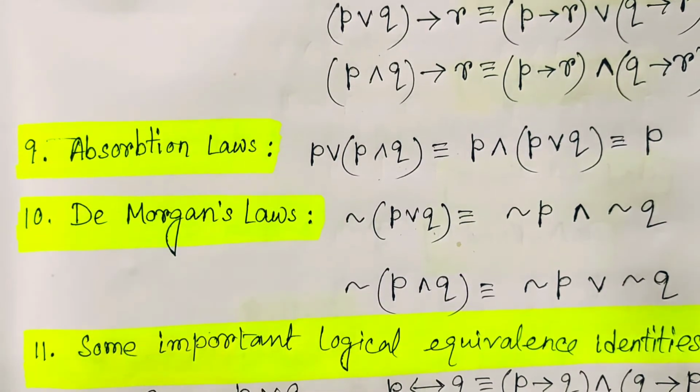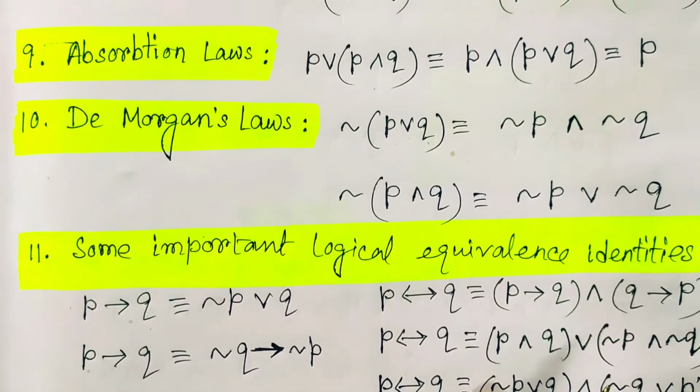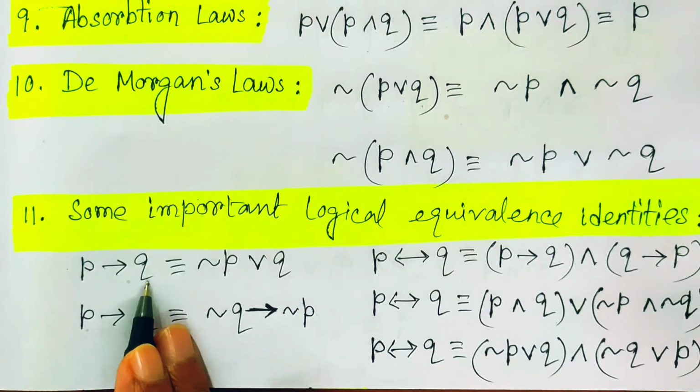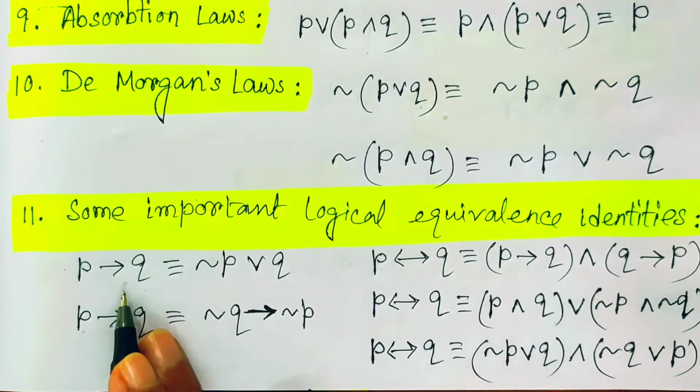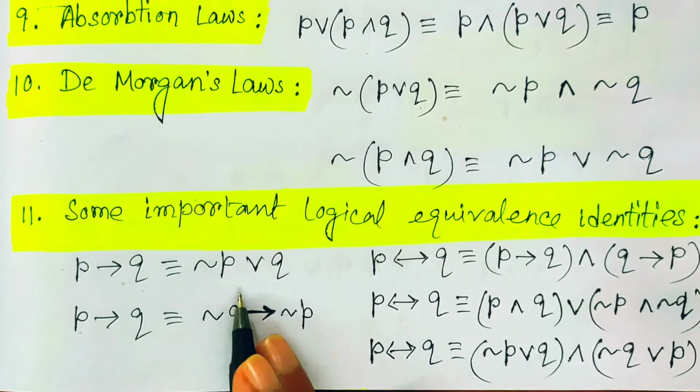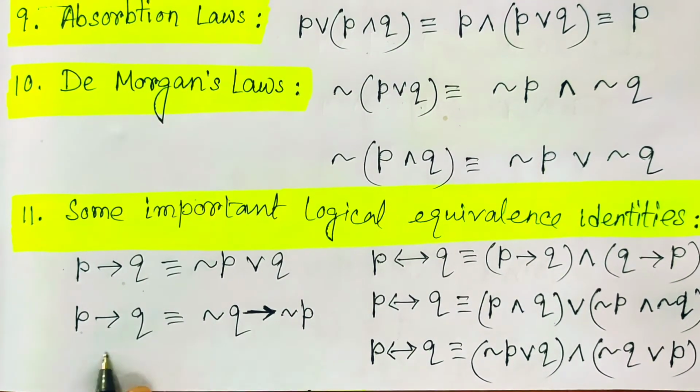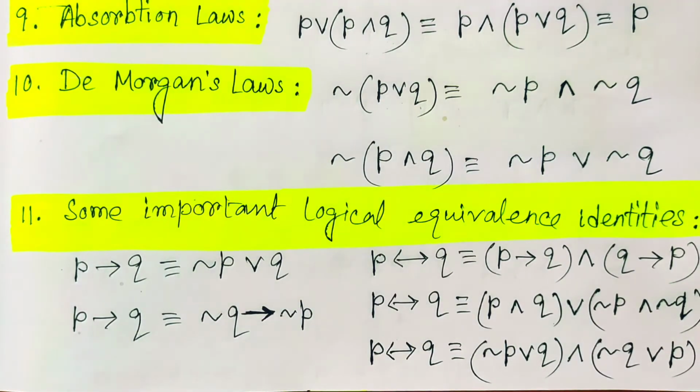Now some important logical equivalence identities we need to know, for the conditional and the biconditional compositions. P implies Q, this is the conditional, and it is equivalent to not P or Q, and the contrapositive is also equivalent, as we came to know in our previous video.